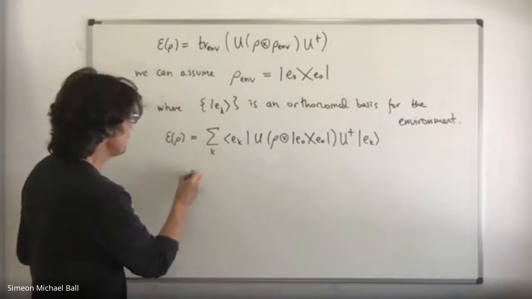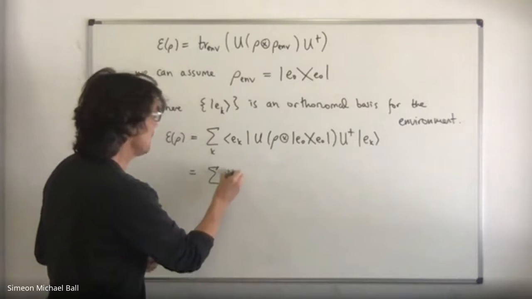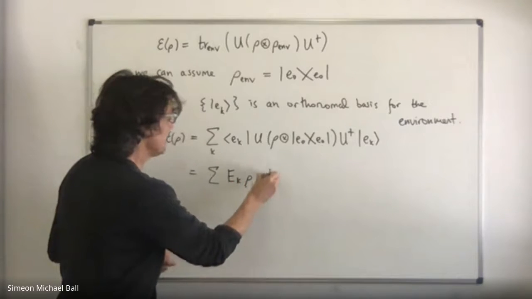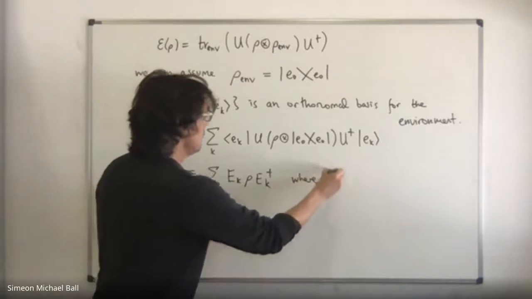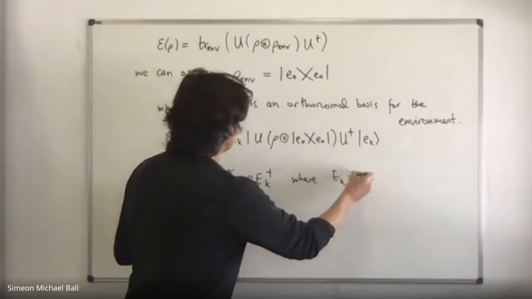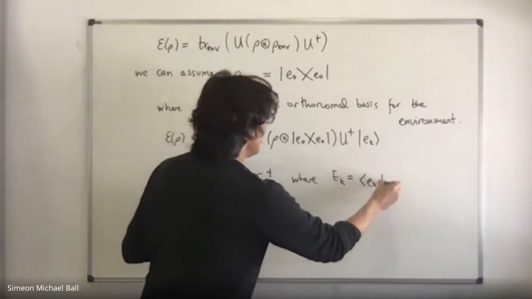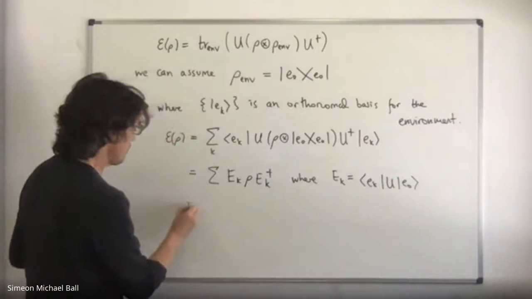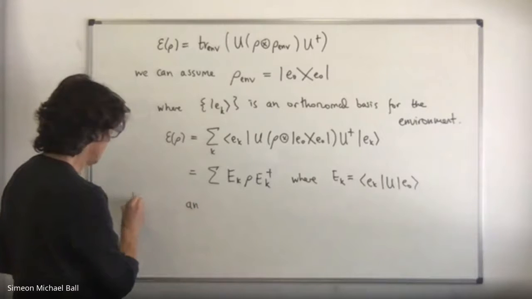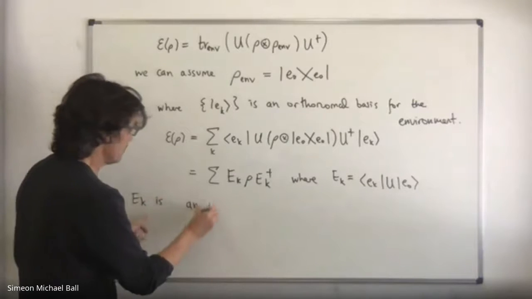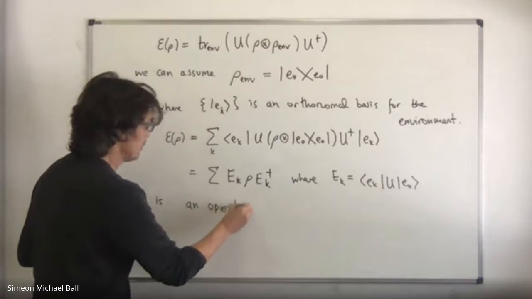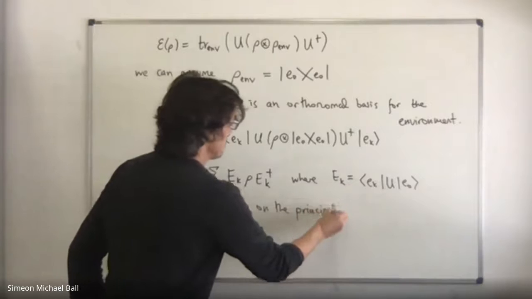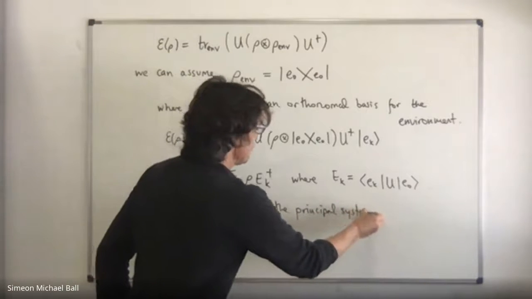So this is really just E_k rho E_k dagger, where E_k is E_k U E0, an operator on the principal system.